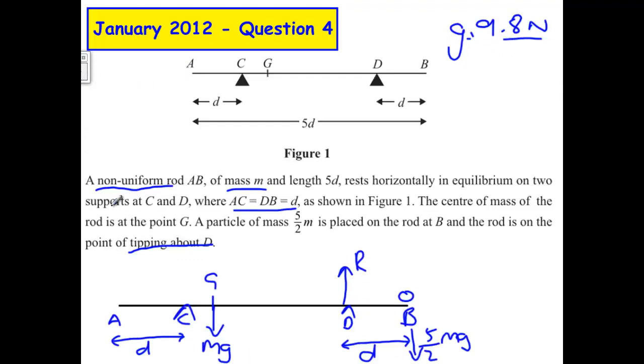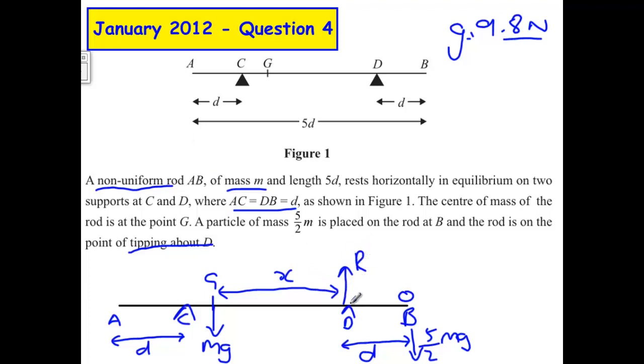The question wants us to show that the distance GD is 5/2d. So the distance from G to D, which I'm just going to label here with an X, is equal to 5/2 times d. Now what I'm going to do, given that it wants the distance of G from D, is I'm going to take moments about this point D. And the nice thing about doing this is it means we don't have to worry about this reaction force that we don't actually know.